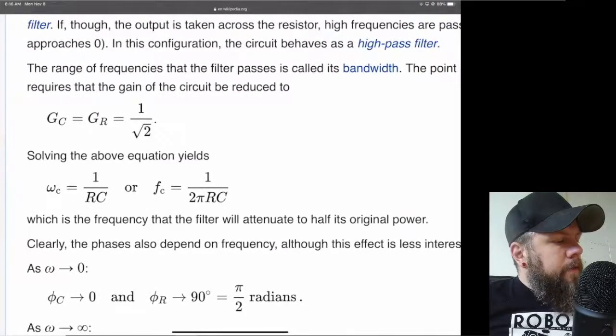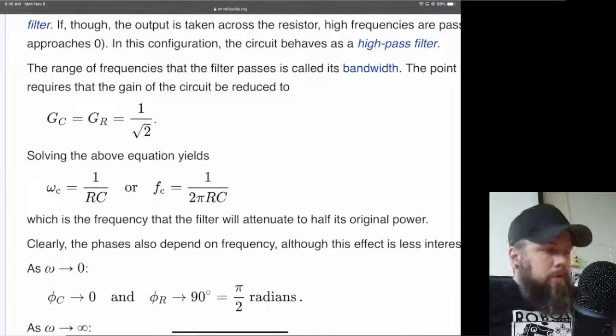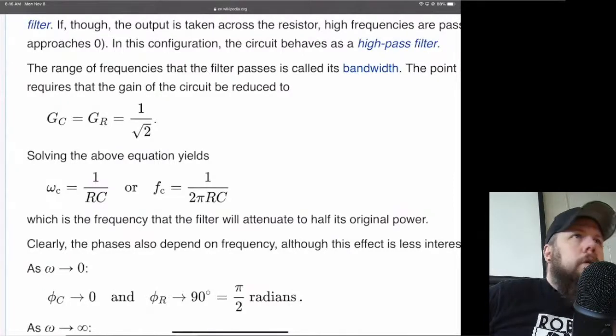Solving the above equation yields the angular frequency equals 1 over RC. But we want to get to the frequency, which is 1 over 2 pi times RC. Okay? Cool.